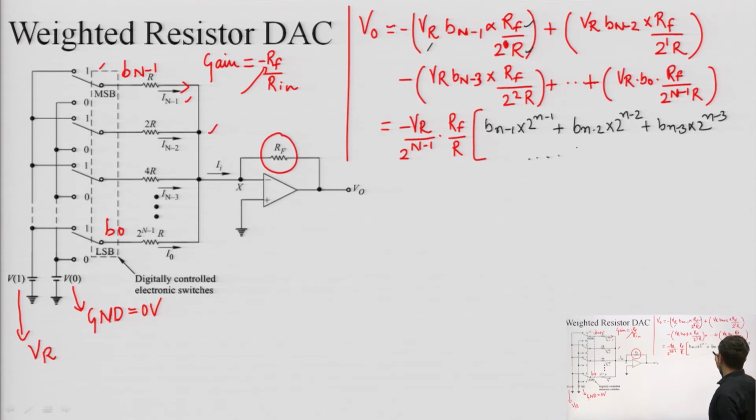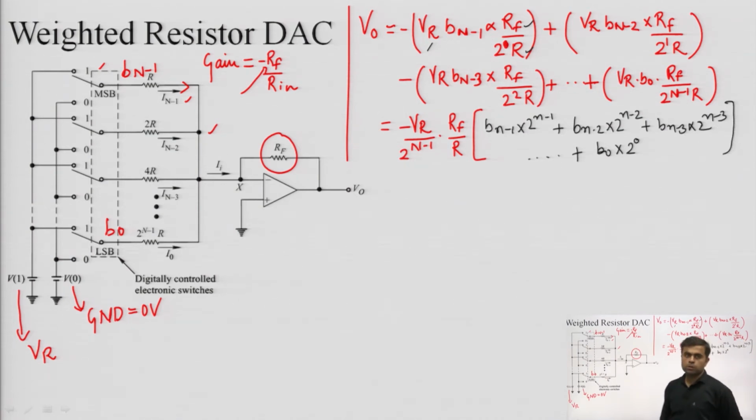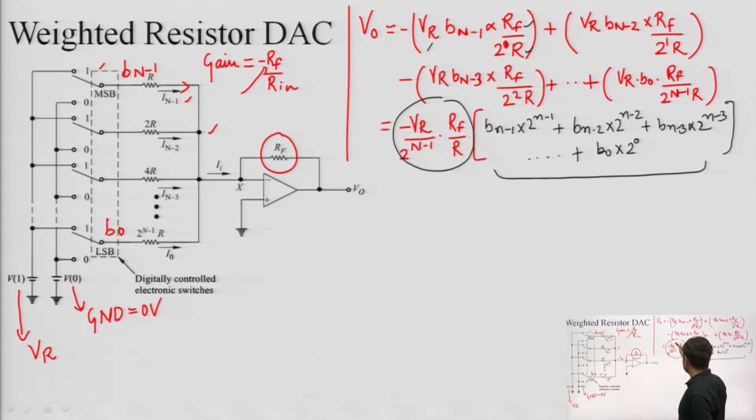And proceeding to the last branch, B naught into 2 raised to power naught. Okay. So in this way, we have taken a few things common, and we can check that this complete thing can be termed as the proportionality factor K.